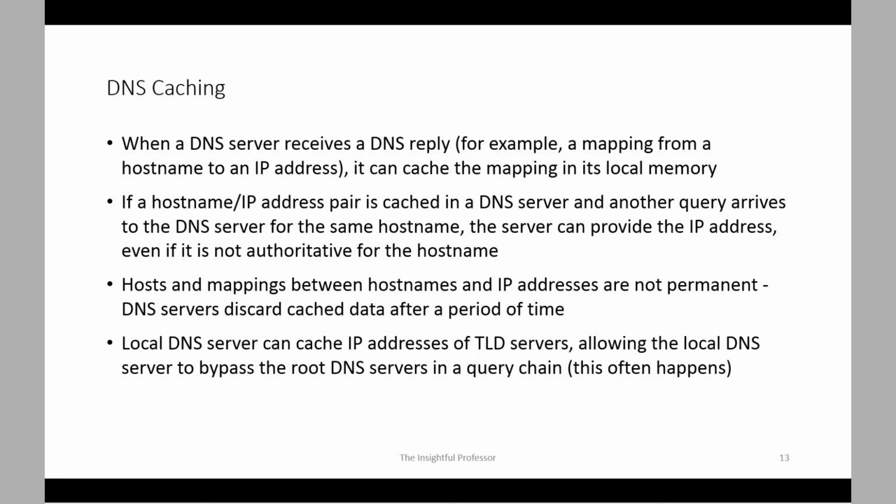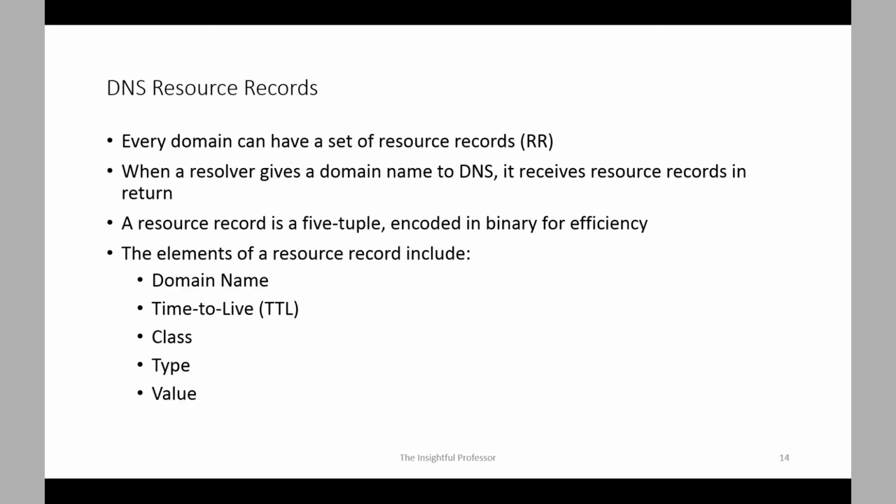Now, the next thing we want to talk about is something called a resource record. So when a query goes out to the DNS system, what we're going to see is a resource record is going to come back, possibly multiple resource records. So the DNS servers that effectively implement the DNS distributed database store these things called RR, or resource records.